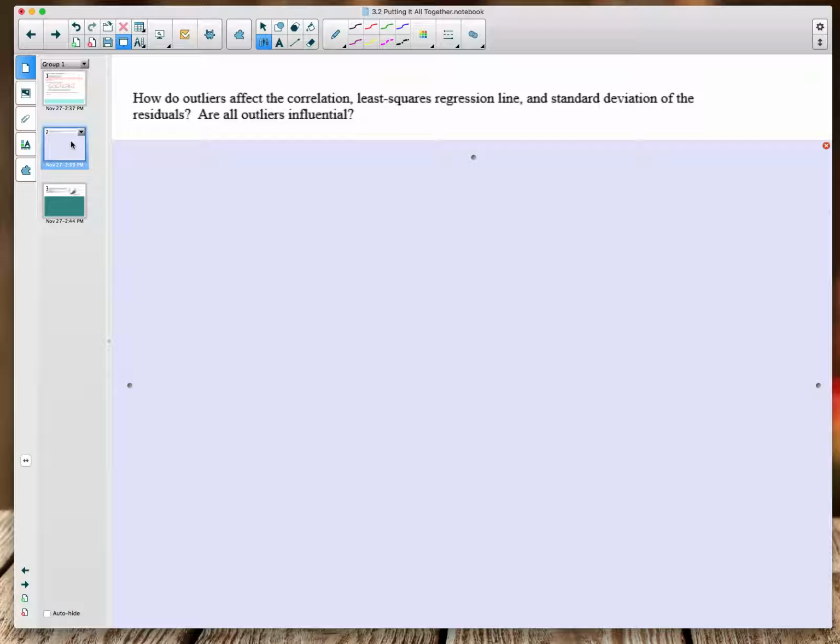Remember where we put the outliers, because it was one of the questions on the test. If you want, get your first chapter 3 test back out and look at it. Adding an outlier is going to influence your correlation, which is r, as well as your slope and your y-intercept. We moved it around and saw how the line would change.